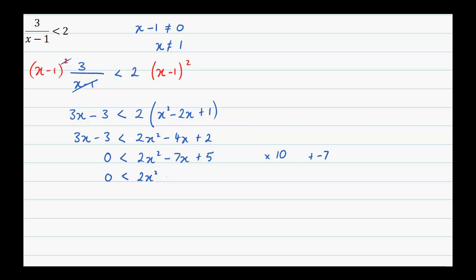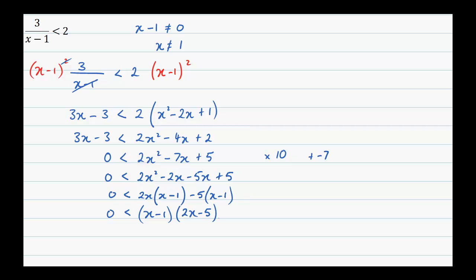Splitting the middle term, I get minus 2x minus 5x plus 5. Then factorize by pairs, so 2x is my common factor, and I'm left with x minus 1. Negative 5 is my common factor, I'm left with x minus 1. Now I have a common bracket of x minus 1, and I'm left with 2x minus 5.